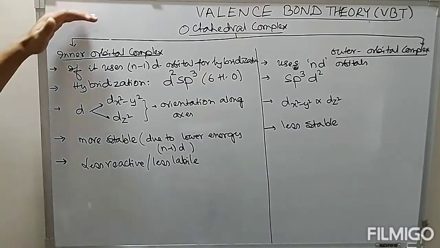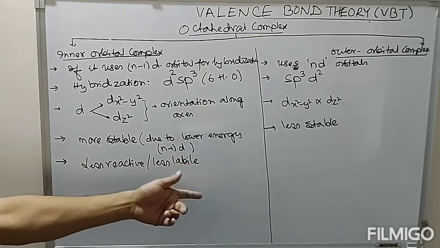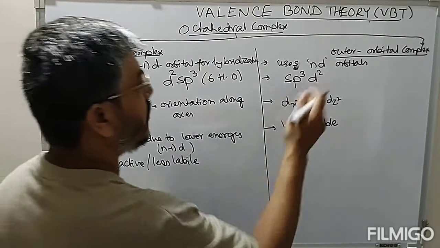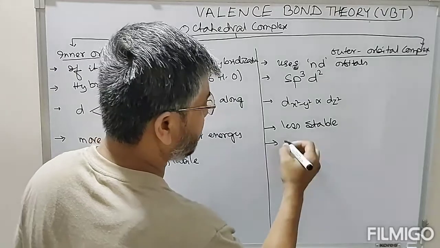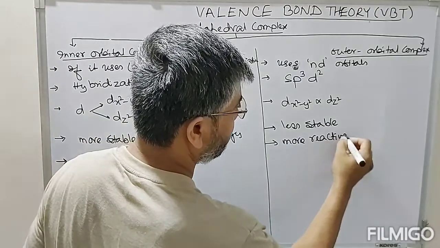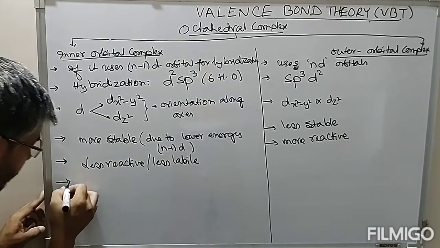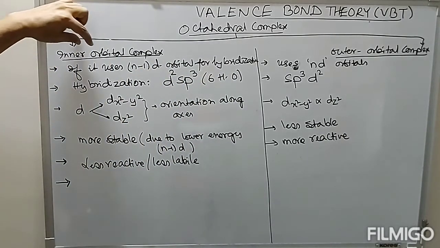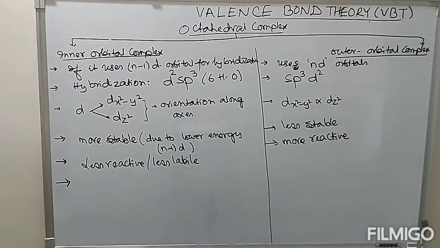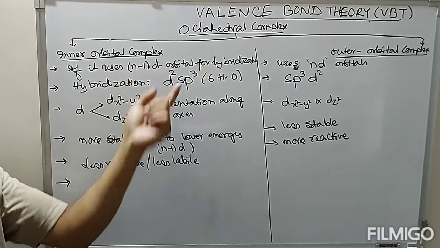Labile refers to reactivity. If the outer orbital complex is less stable, then it is more reactive or more labile. So the inner orbital complex is more stable and less labile when we use the (n-1)d orbital.